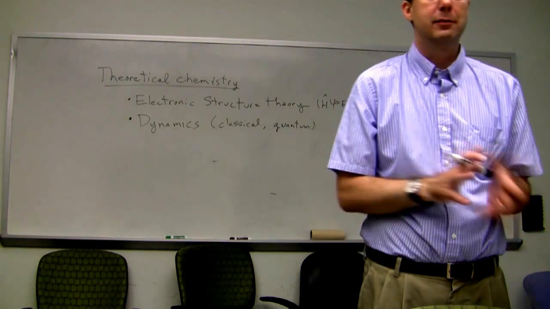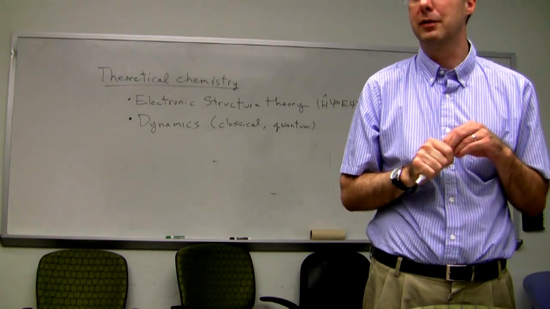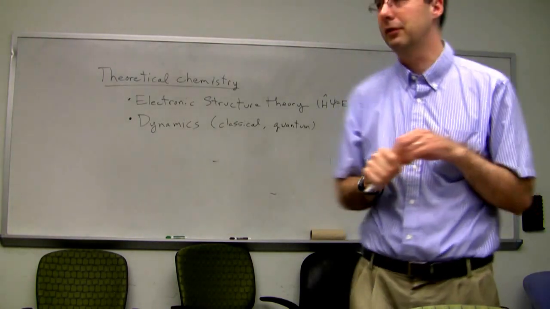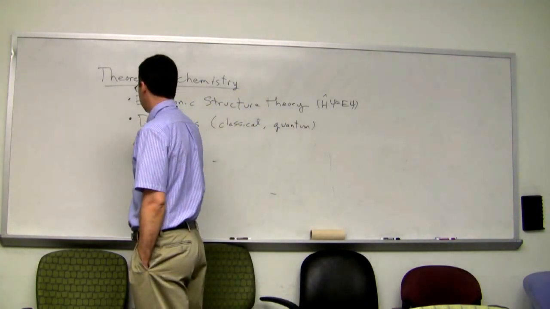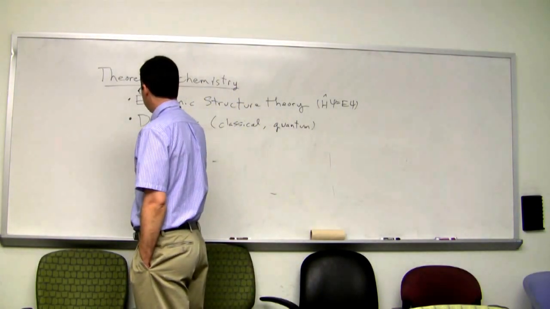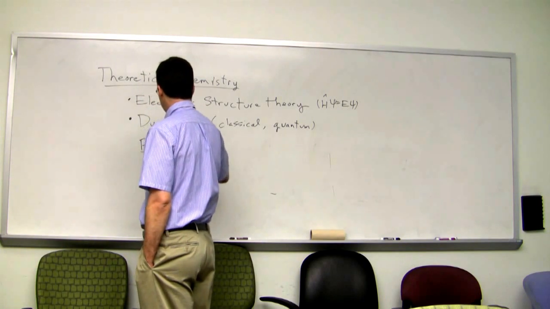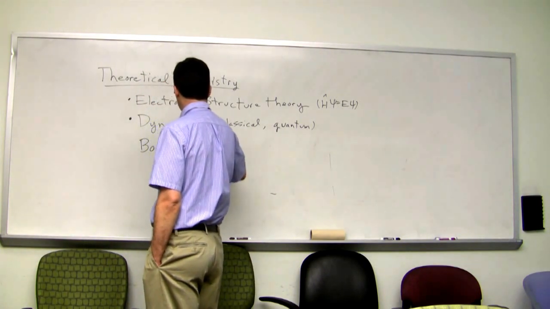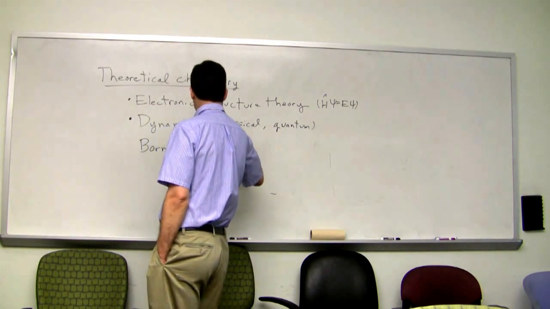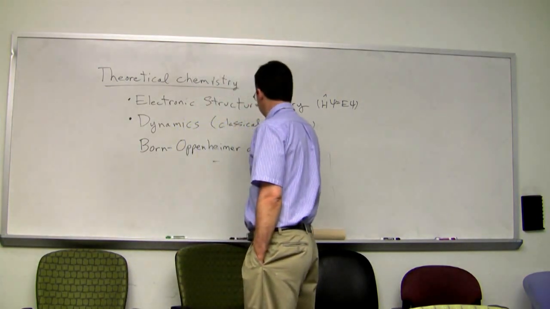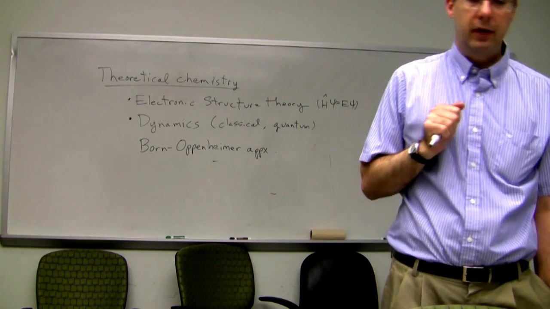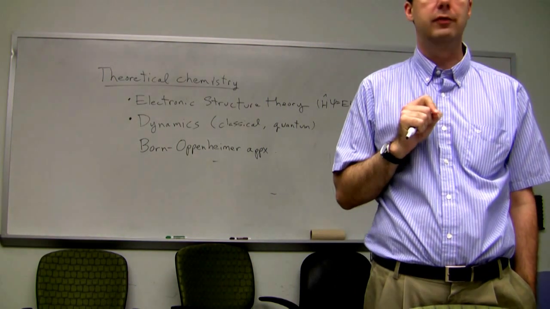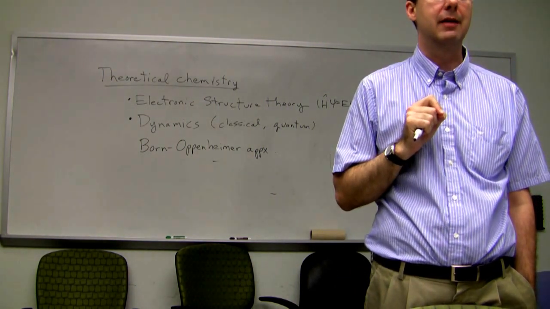And in fact, that gives me a chance to remind you or tell you about the Born-Oppenheimer approximation, which is really central in what we do. These guys are kind of connected, as I just suggested. The Born-Oppenheimer approximation basically says electrons move very fast compared to nuclei.